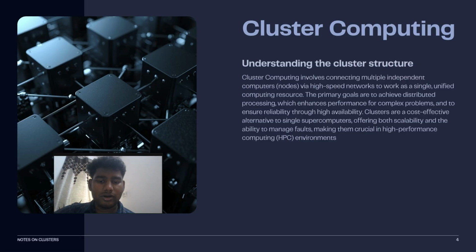The main clustering type, high performance clusters, focuses on speed and parallel processing, in which the individual nodes work in parallel, dividing the work between themselves and processing it at a time, not one at a time.